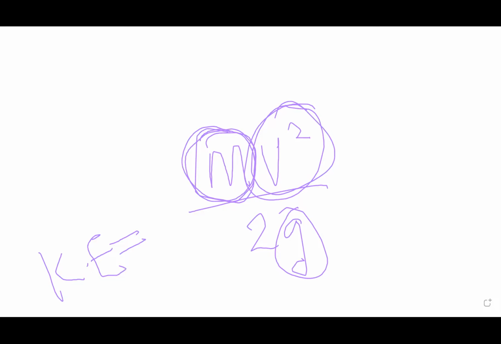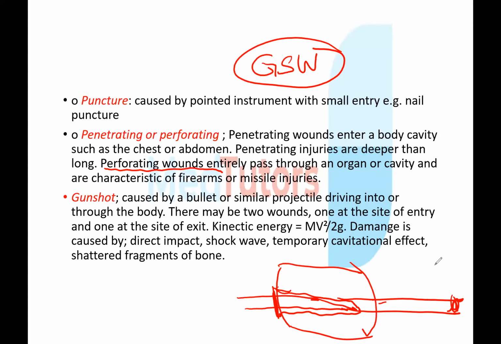Okay, so gunshot wounds, the damage they cause is from the direct impact on the body, the shock wave it generates, and there's the concept of the temporary cavitational effect caused by the moving bullet, as well as a shattered fragment of bone that can spike or tear or lacerate a nerve.